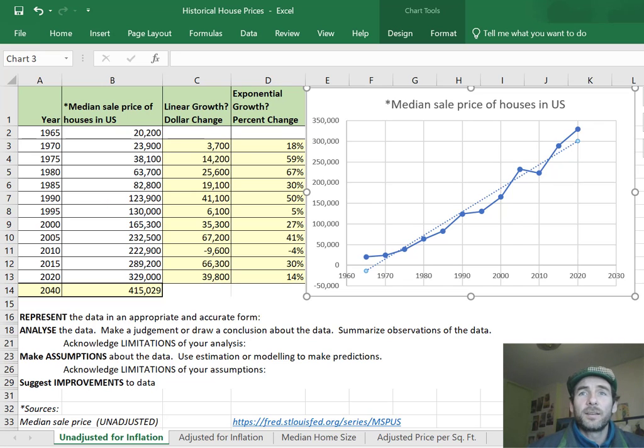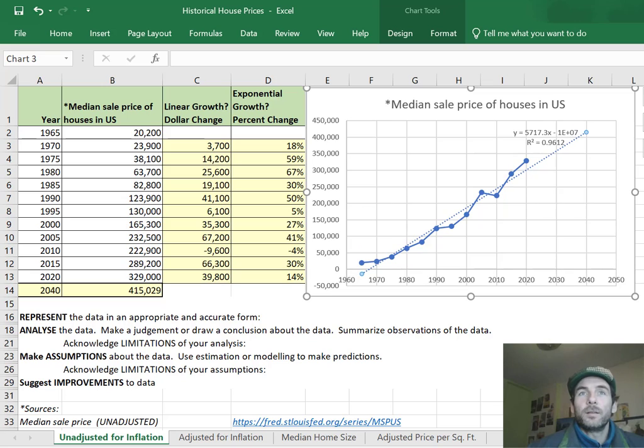So I just did that, and I'm going to say display the equation, display the correlation coefficient, and I'm going to go forward 20 years, 20 periods, okay, and just press enter, right? And that will give what you already have in your file, okay?